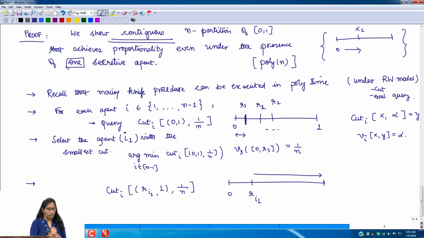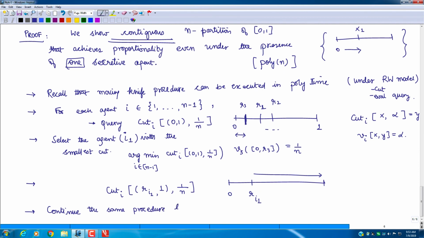So you keep continuing this procedure till all n minus 1 agents have made a cut, right? Continue the same procedure till each of n minus 1 agents have made their cut.